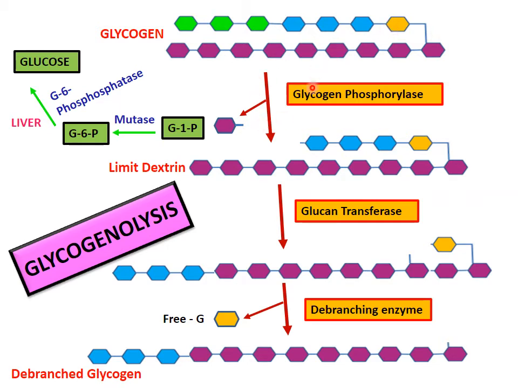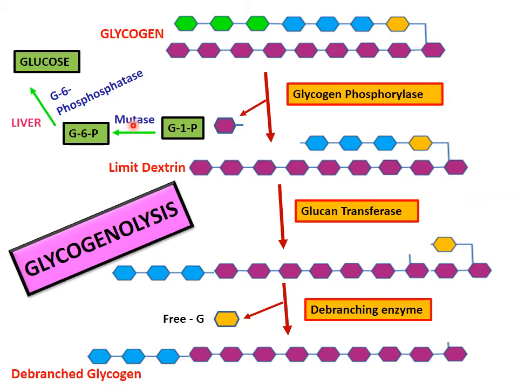After that, 3 glucose molecules are transferred as a trisaccharide, in the presence of glucan transferase, to the next neighboring branch. Then, in the third step, the debranching enzyme removes the branch point glucose also in the form of free glucose. Now this glucose 1-phosphate is converted into glucose 6-phosphate in the presence of the enzyme mutase.